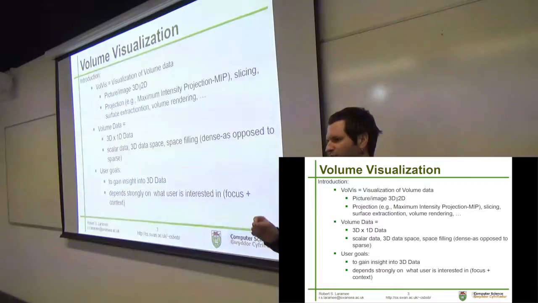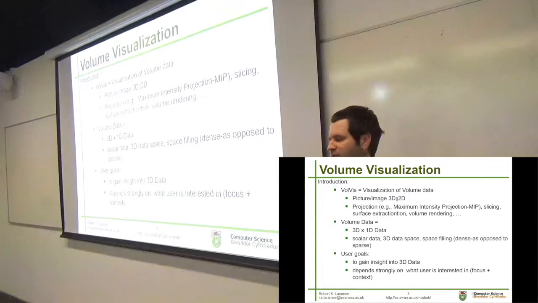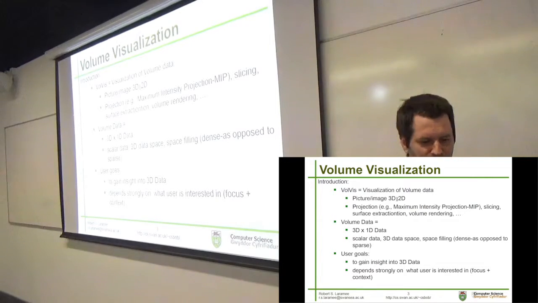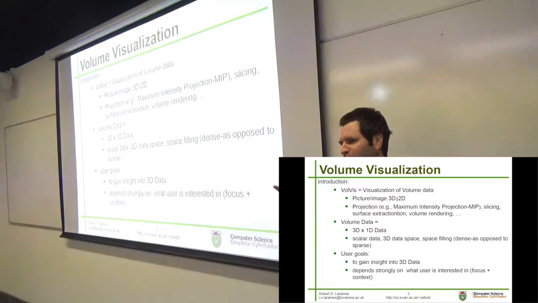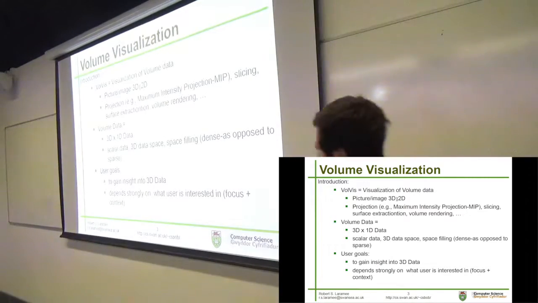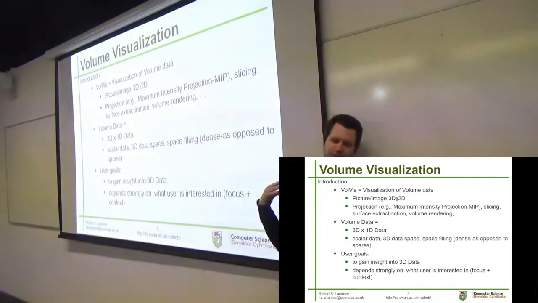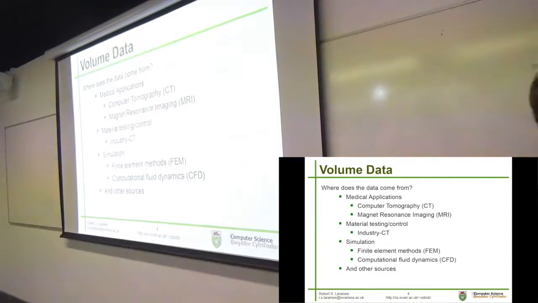There's one doctor that just cares about the bones, and then another doctor that only cares about the muscle tissue, and then another doctor that only cares about the brain, for example, and so on. Rarely does Western medicine look at the whole package combined. So that was the long way of saying what we see and what we project depends strongly on the user or the observer, what the observer wants to see.